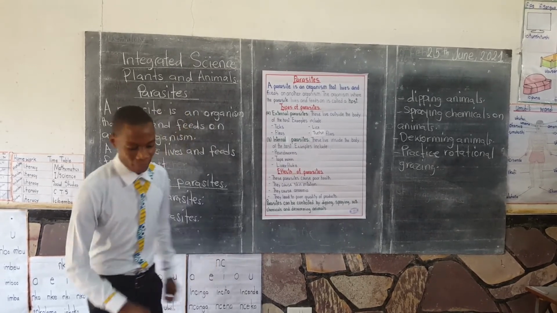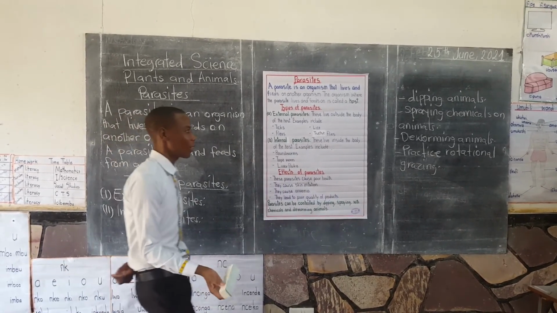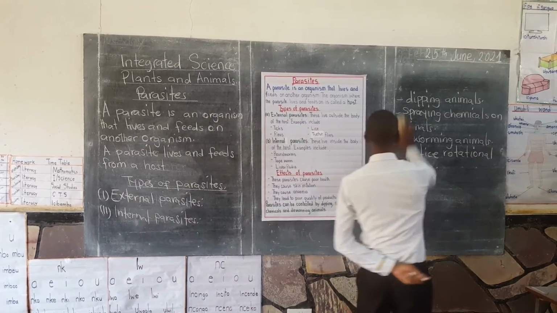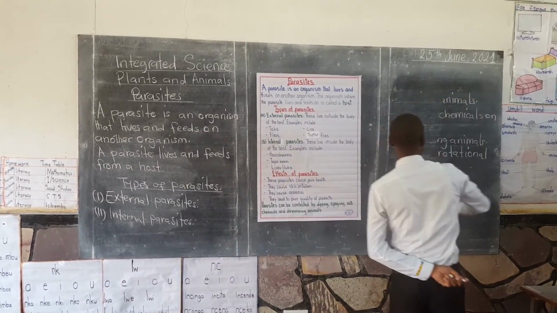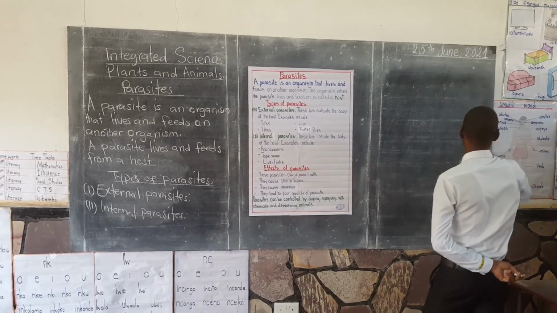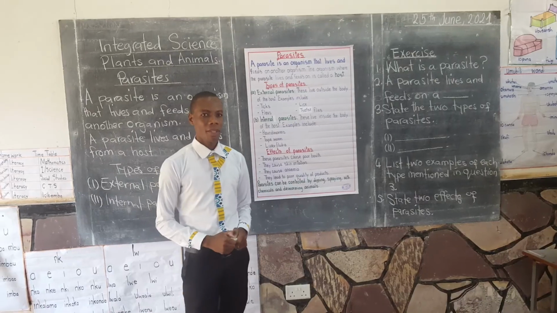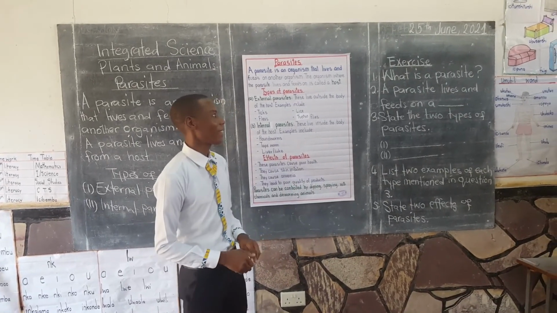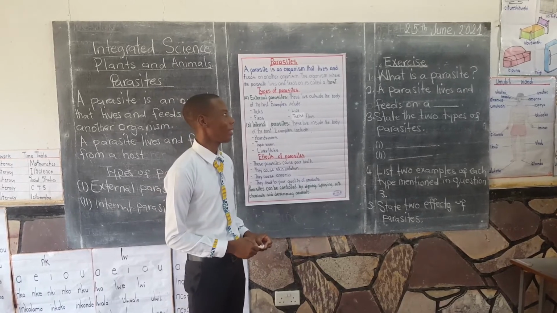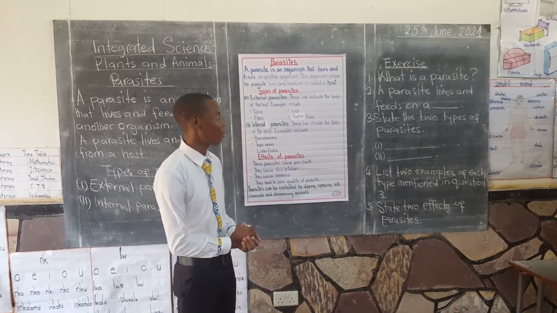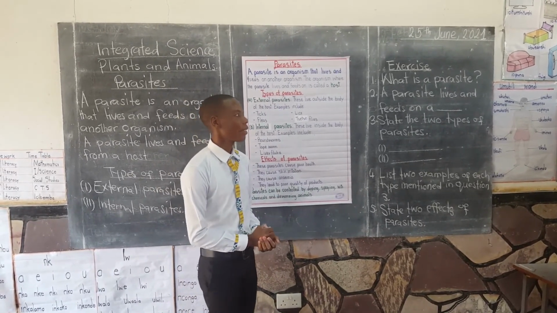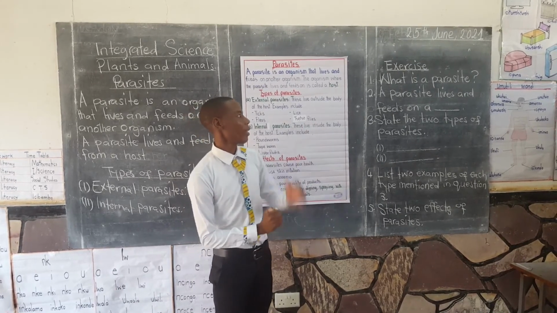This time around, I will present an activity which you will have to do at home. Here is the exercise that you are going to do. There are 5 questions. The first one says, what is a parasite?